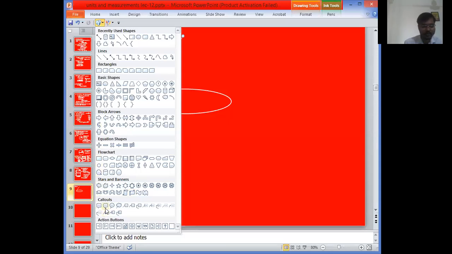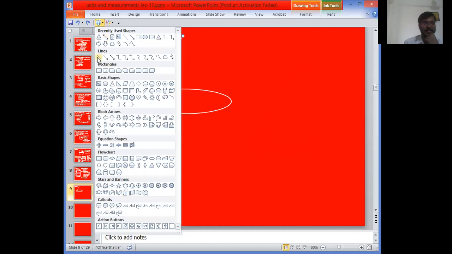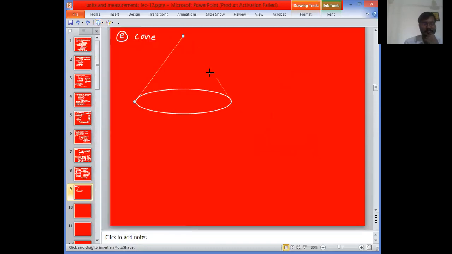There isn't one in the flowchart. This is not a cone, it's a triangle. Forget about it. I'm drawing it. That's it. That's the cone.